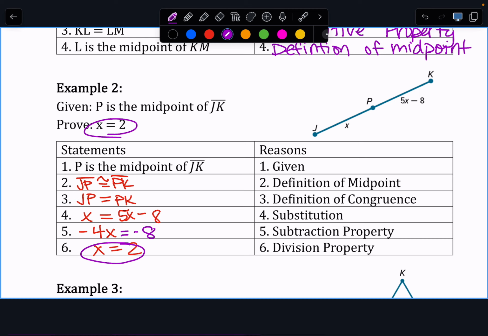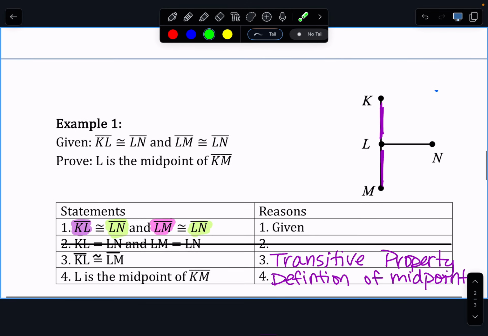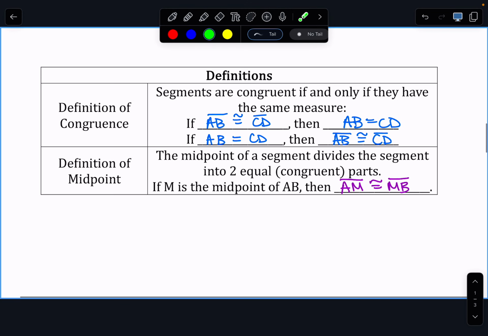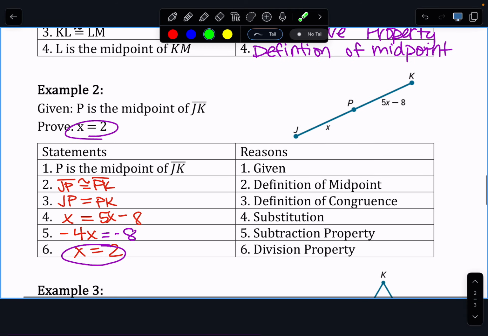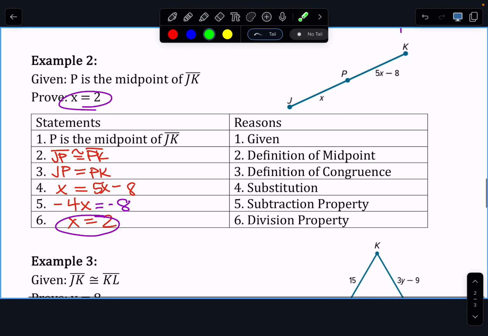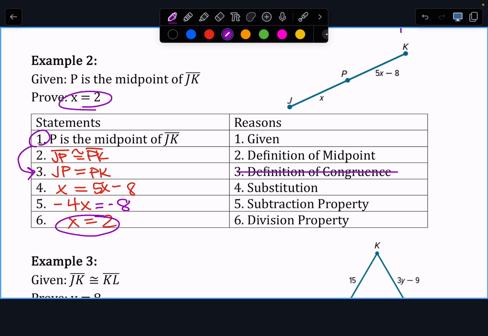Okay, so back to what I was going to say. P is the midpoint, and then we did congruence, and then we made them equal. Technically, if we know that P is the midpoint, in my opinion, the definition is 2 equal parts. So I would be okay if you went from step 1 to step 3 and didn't do the definition of congruence.